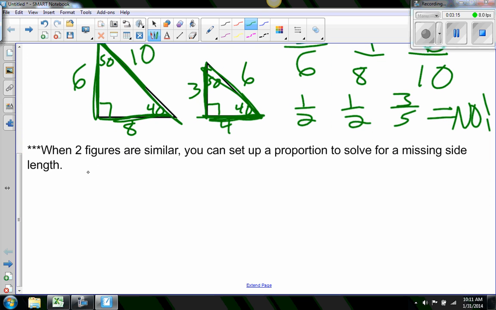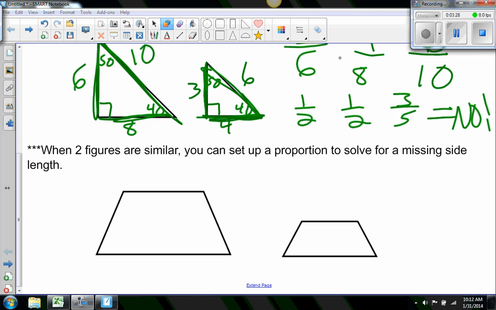Because when you know that two things are similar, you know that the ratios have to be in proportion. So if I have two figures, let's use trapezoids this time.